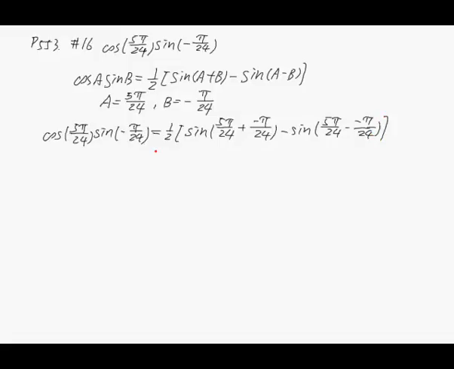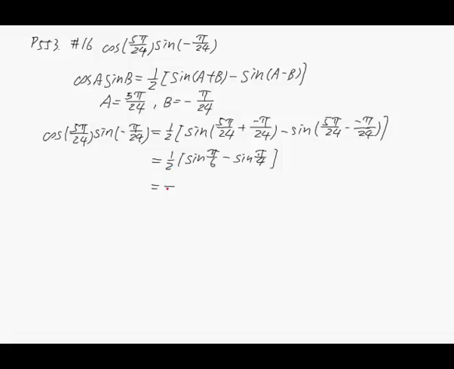And then you simplify, you get 1/2 times sine of pi over 6, and then minus sine of pi over 4, and then you get the values of these two functions.